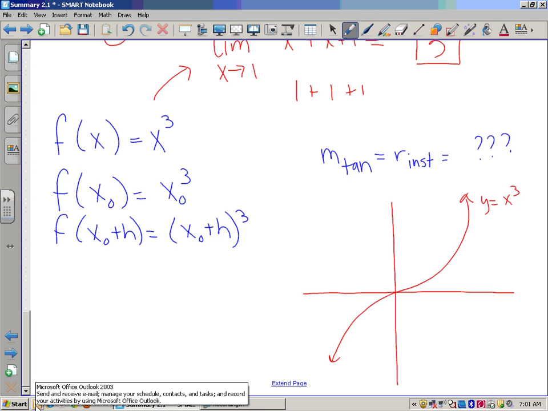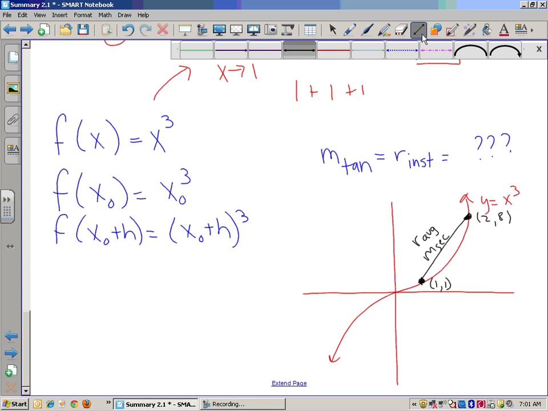Okay, so between 1 and 2, this was 1 comma 1, and this was 2 comma 8. This is the secant slope. This is the average rate of change, okay? The second line you should have drawn, and I kind of want this one to be a little more straight, so I'm going to use that.